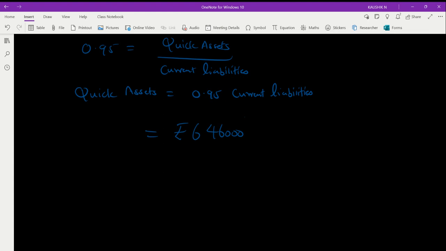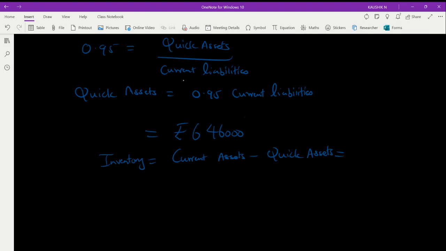Okay. Next is the inventory calculation. The calculation of inventory is current assets minus quick assets. So the formula: inventory is equal to your current assets minus your quick assets.